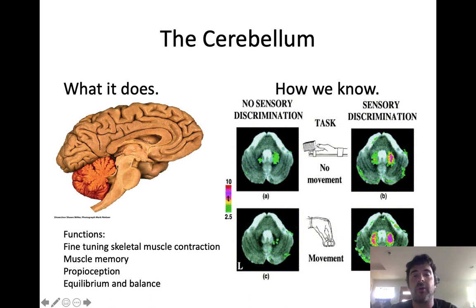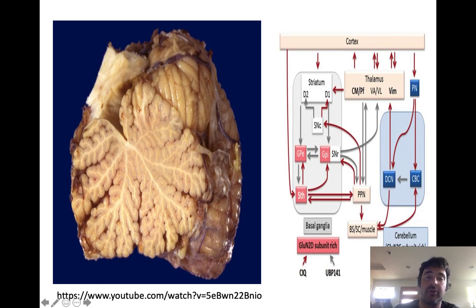So now we've gotten done talking about the cerebellum. And when you look at the cerebellum, there are a couple of structures I want you to know. First off, the white matter pathways in the cerebellum are called the arbor vitae. Arbor means tree and vitae means life, so these white matter pathways are called the tree of life, or the arbor vitae.